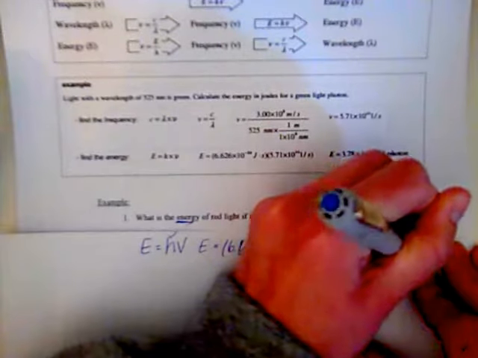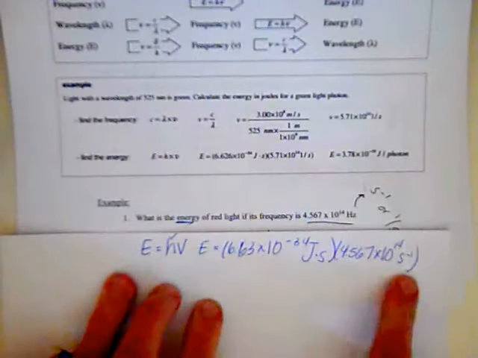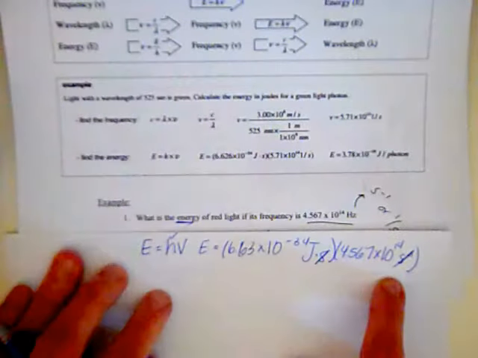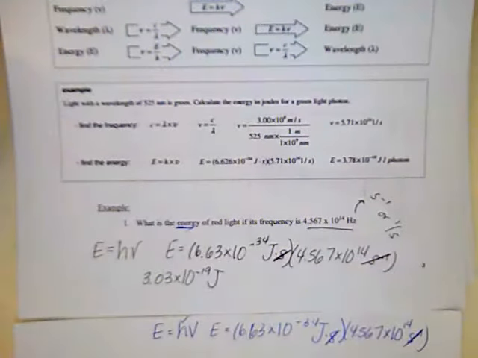I'm going to use seconds to the negative 1st instead of hertz, because that way it shows that my units will cancel. And so now your answer is 3.03 times 10 to the negative 19th joules, because joules is the only thing left over. Okay, let's do another one.